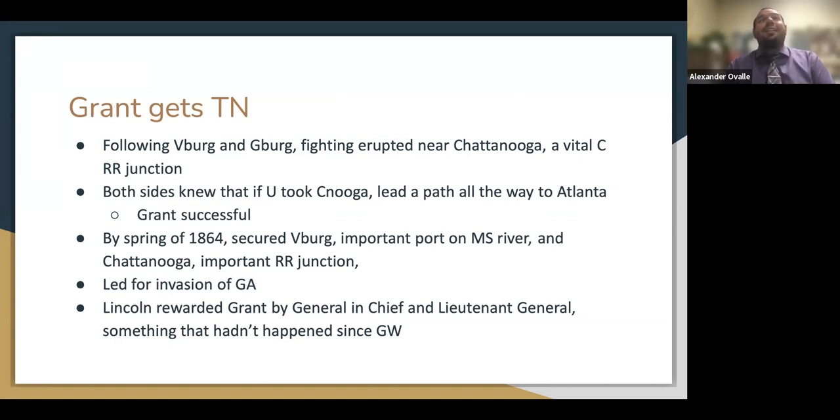Jeez, the South is in trouble. It will lead to the entire invasion of Georgia. Lincoln rewarded Grant by giving him the general-in-chief and lieutenant general positions in the Army, something that hadn't happened since the times of George Washington. He was that big of a deal.